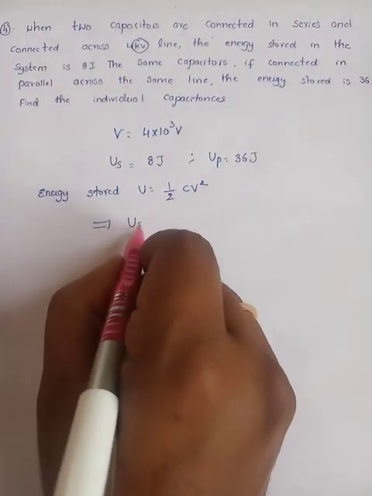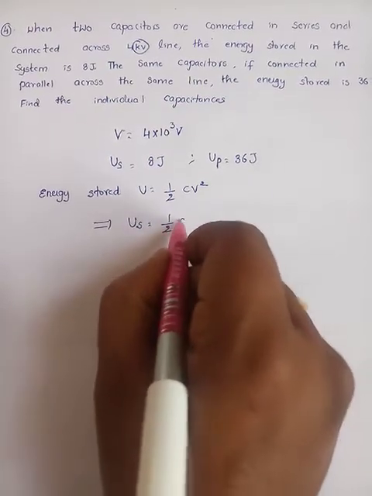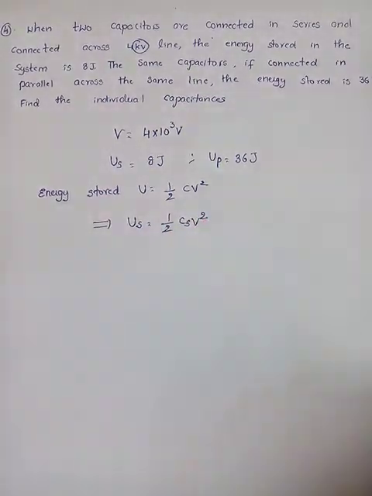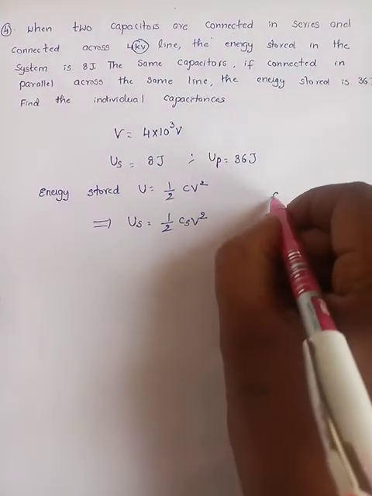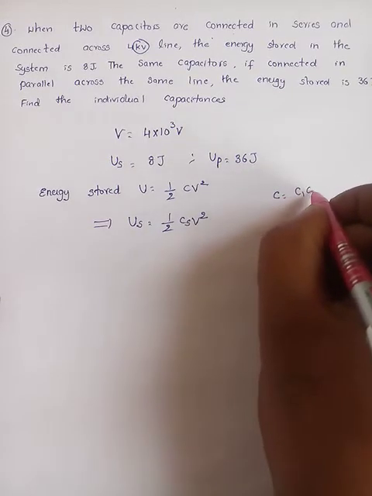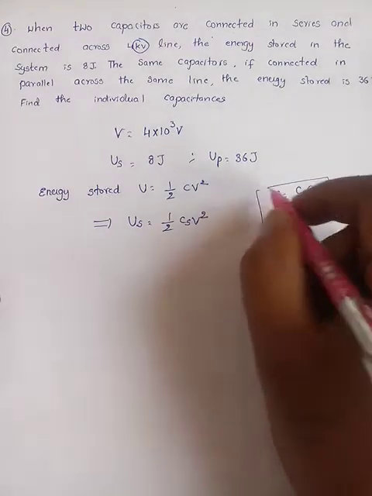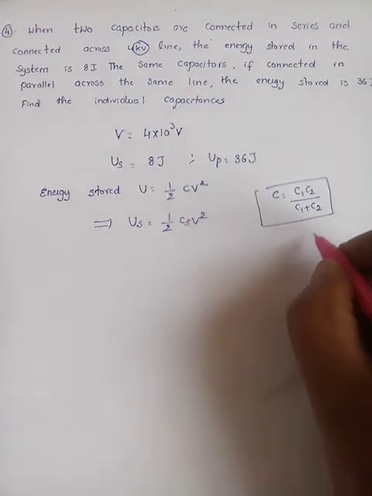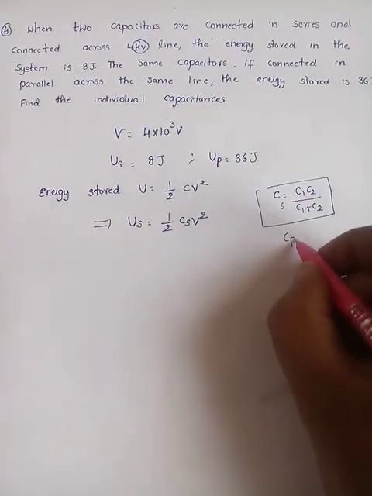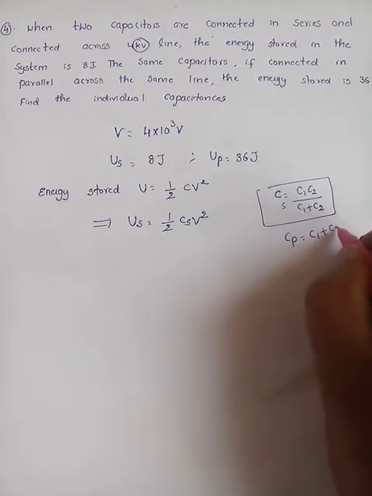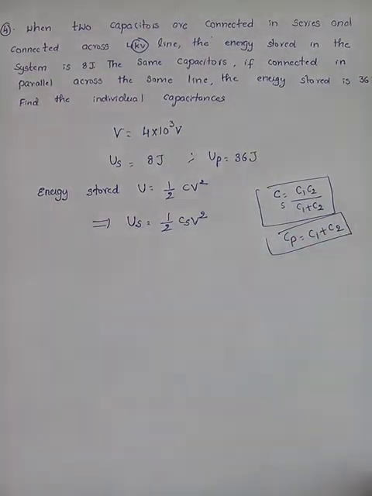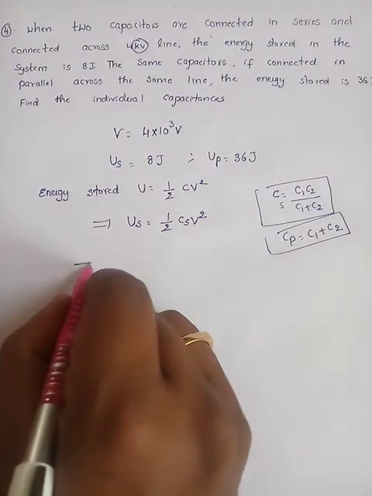When connected in series, Us equals half Cs V square. When two capacitors are connected in series, the formula is C1 C2 by C1 plus C2. When connected in parallel, it is C1 plus C2. That's enough. Now, just substitute the values.